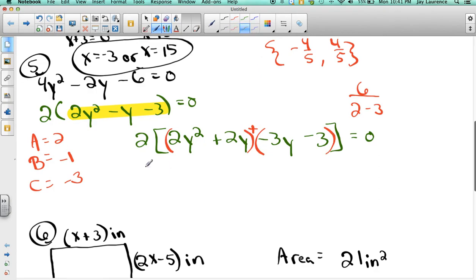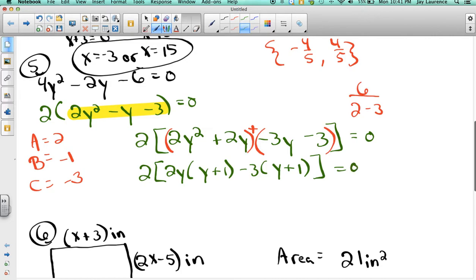All right, so I'll have 2, and then I'm going to factor out a 2y here. I'll get a y plus a 1. Okay, I'll factor out a -3, and I'll get a y plus a 1. That'll equal 0. And then I'm going to get a 2 times, factor out the GCF, a y plus 1, and a 2y minus 3.